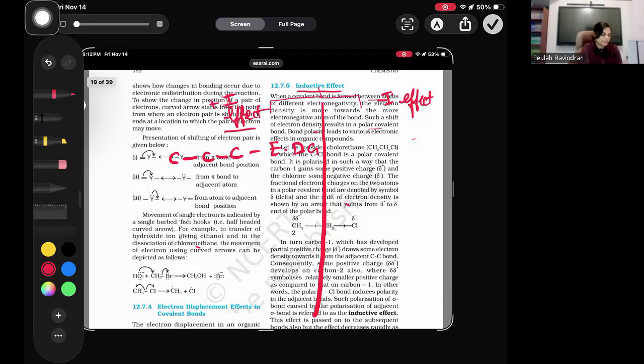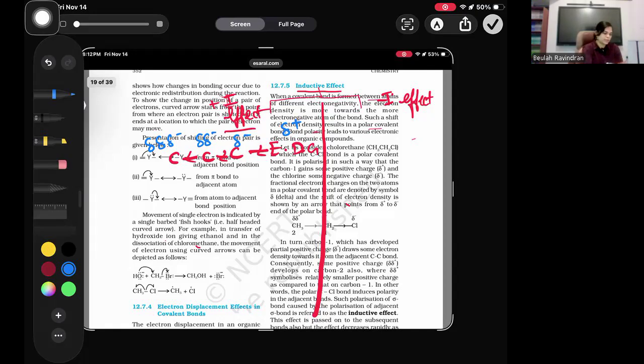If it is like that, then what will happen? How is the electron donated? It is the electron donating group, so the arrow mark should be in the reversed manner. So it will be delta plus here, delta plus here, delta minus here, delta of delta minus here. Like that, it will go.